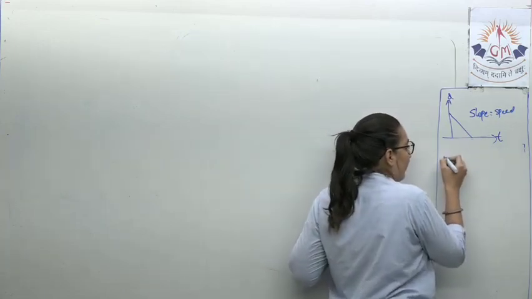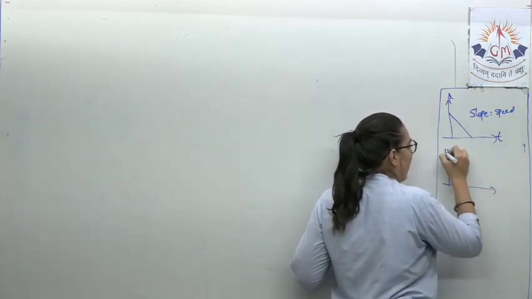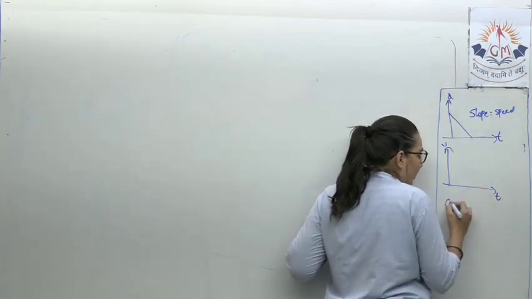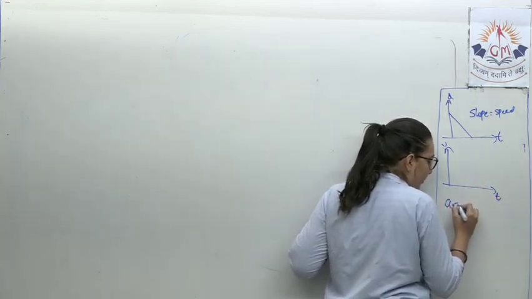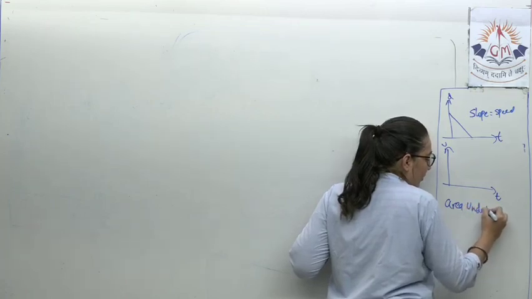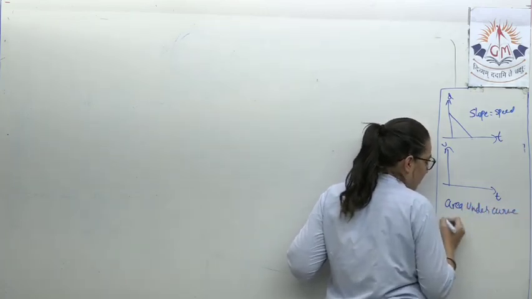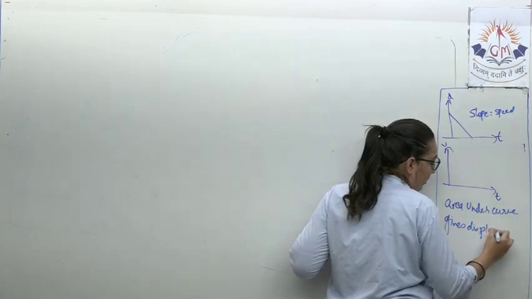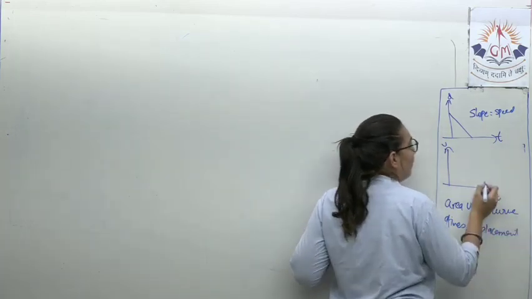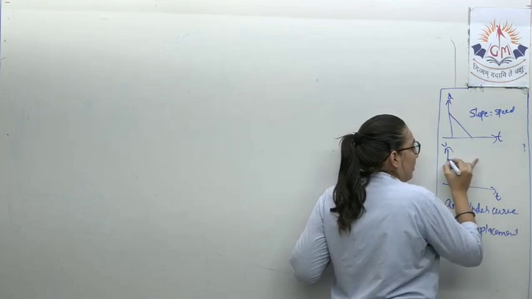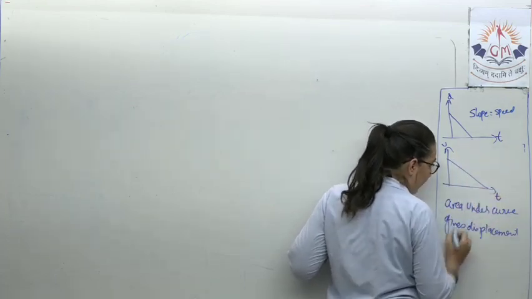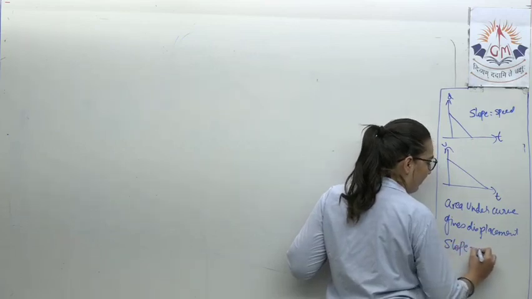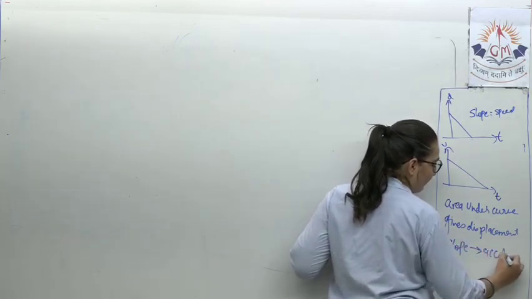Then, if it's a velocity versus time graph, then area under the curve gives displacement and the slope of velocity versus time graph will give you acceleration.